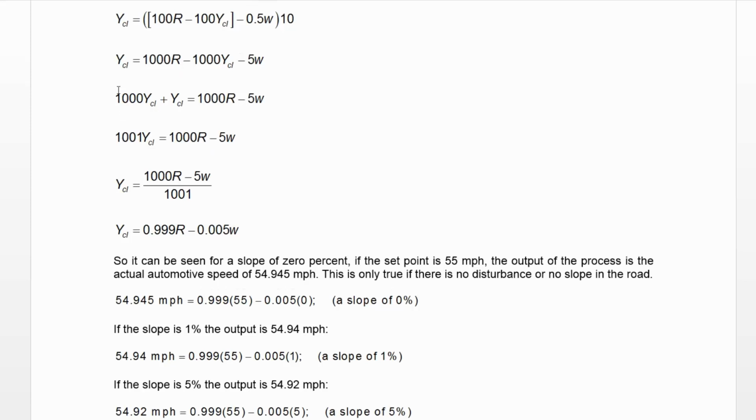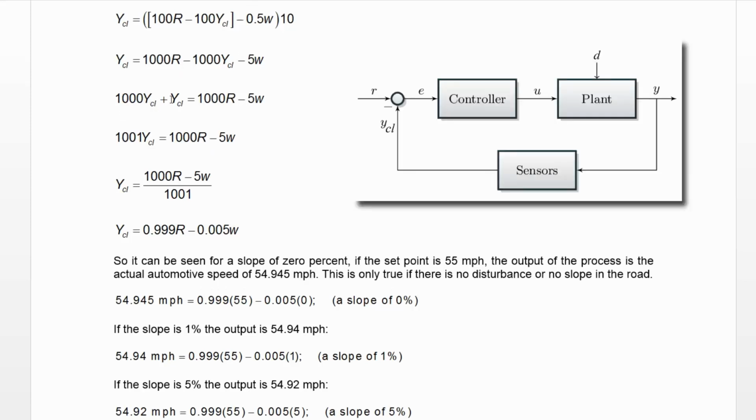This is 1,000 plus 1 times YCL, where, when you see the number 1,001, 1,000 plus 1, that plus 1 in your transfer function is the last output state. That is the last output state.